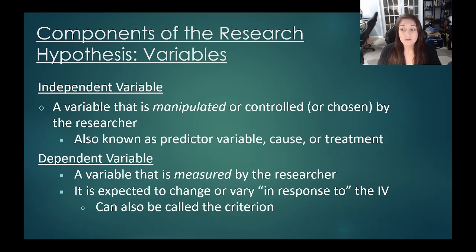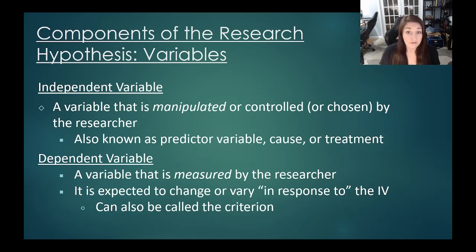So the independent variable is the one that the variations of are under the control of the researcher. That's a good way to think about it in terms of this course and trying to figure out which one's the independent, which one's the dependent. Sometimes it's also referred to as the predictor, the cause, or the treatment. The dependent variable, the researcher has no control over how it's going to vary, okay? It's measured by the researcher.